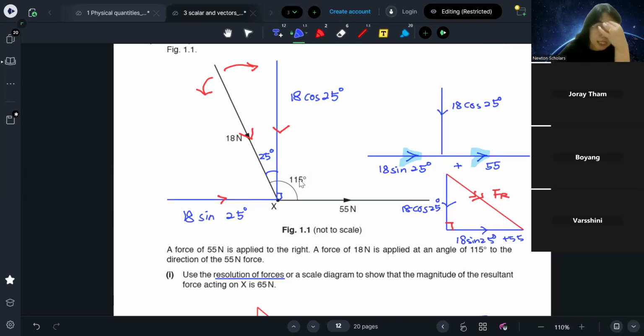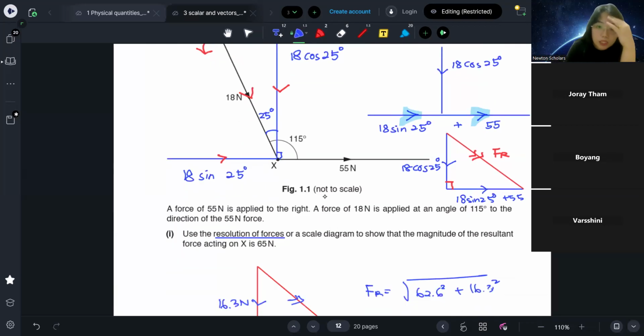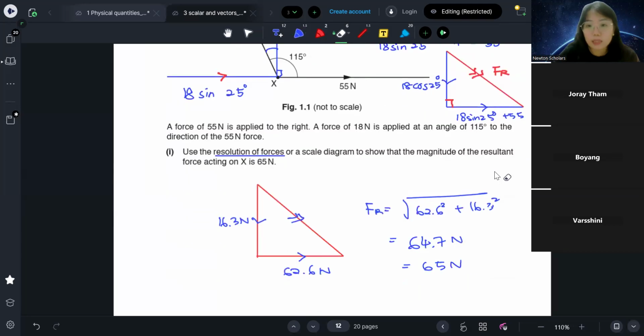I use 1 cm to represent, wait, let me think. How many cm needed? You try lah. Find the suitable scale. Then you can draw the diagram. Draw 18. Then you draw the line. Scale diagram. You may use scale diagram. You will get the same answer.